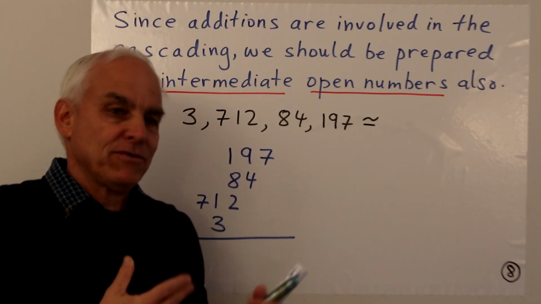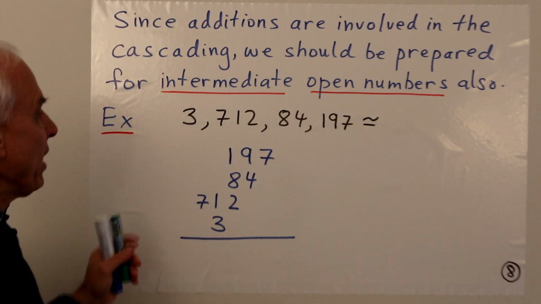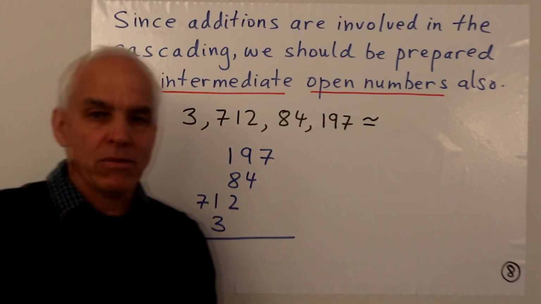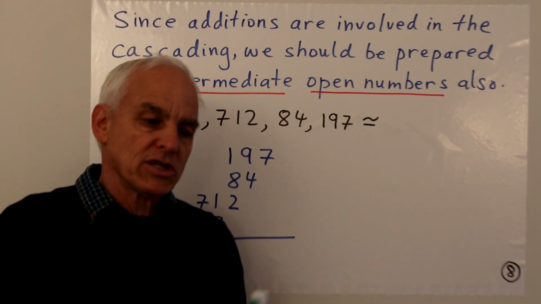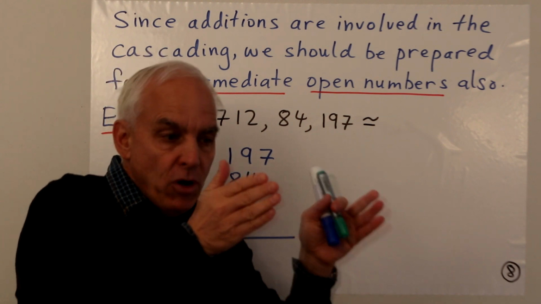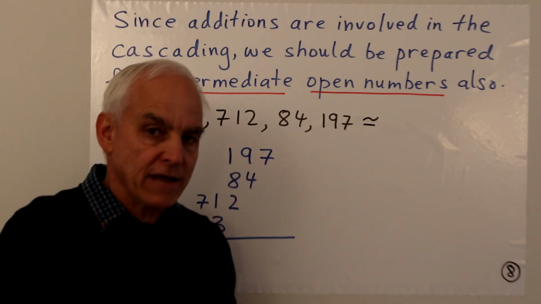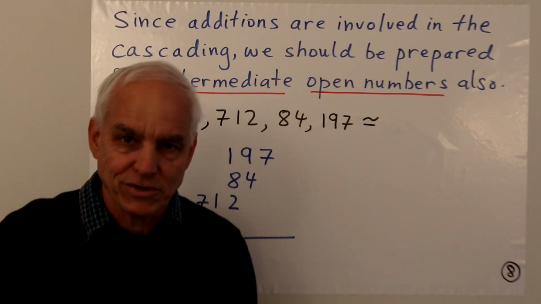So again, we have to work in an open number framework. So we need to be prepared for intermediate open numbers also, so that we don't just go from an open number to a closed number, but we may have to go from an open number to a simpler open number, perhaps to a simpler yet open number, and then to a closed number.